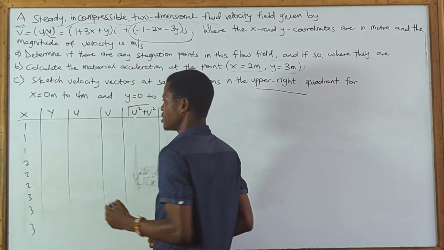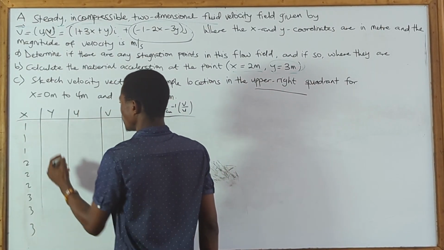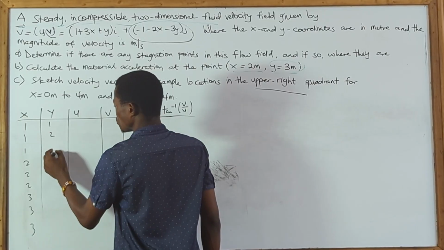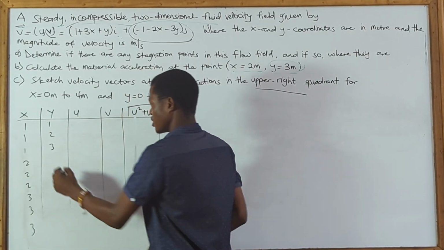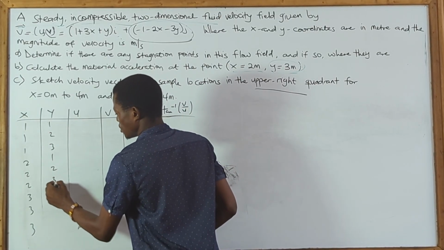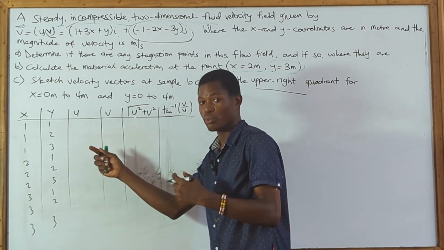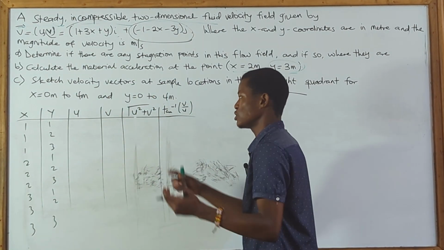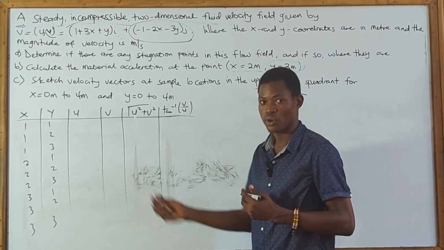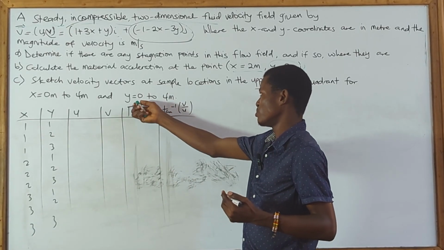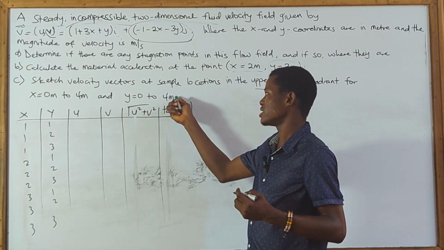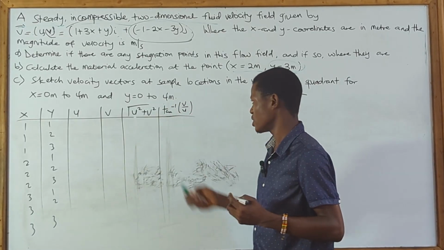Yeah, this will be easier. Then you come to this side: 1, 2, 3, 1, 2, 3, 1, 2, 3. They are all random points you are generating, so someone can start with 2, 3, 4, bearing in mind that the range is very important to us.